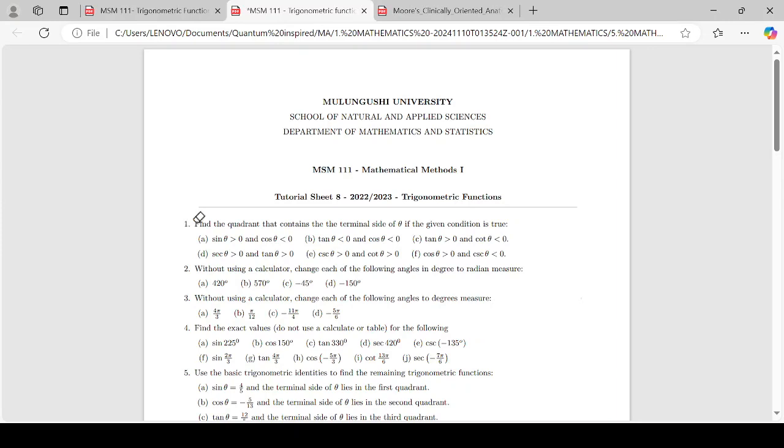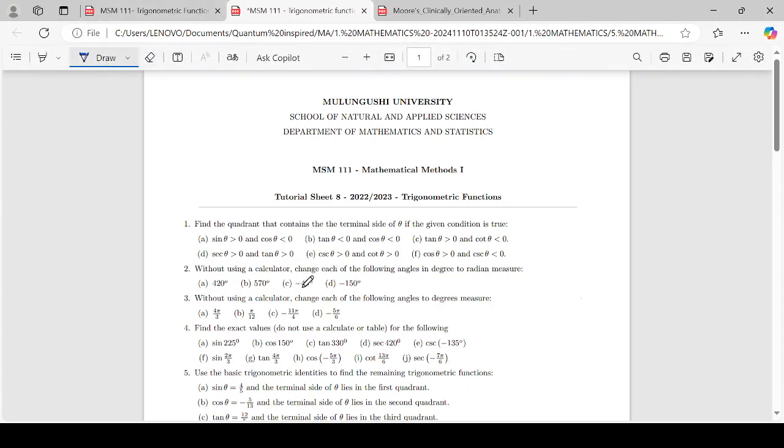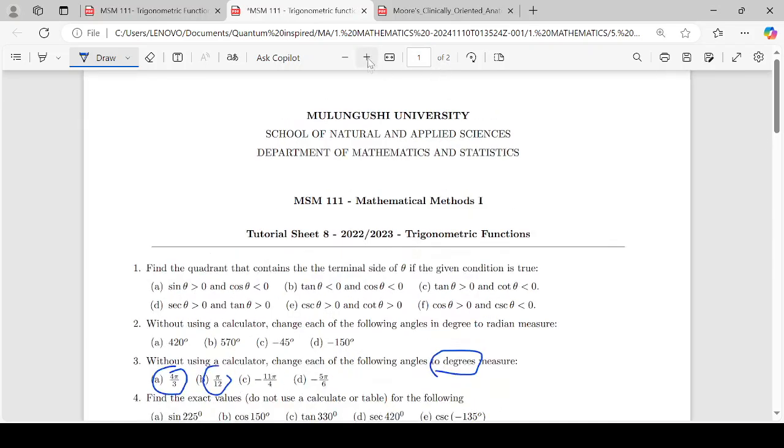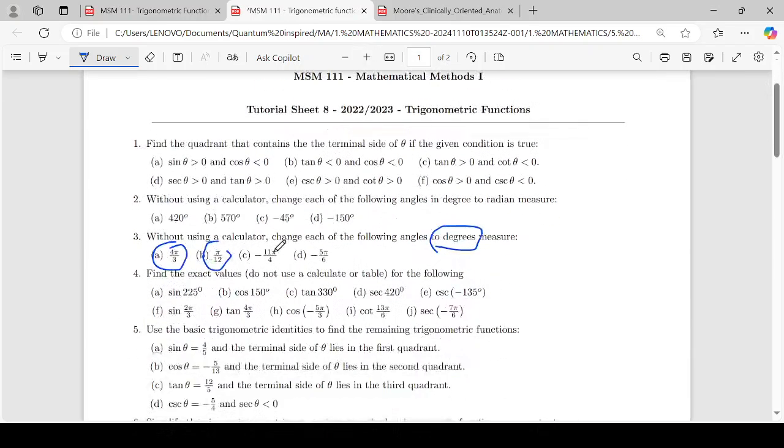We did something on question 1, and then coming to question 2, it says without using a calculator, convert the following angles to degrees. I've been given radians. So if I have radians, how do we convert to degrees? We're going to do this, and you saw something on converting from degrees to radians.